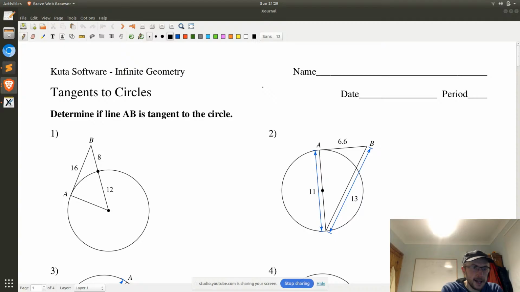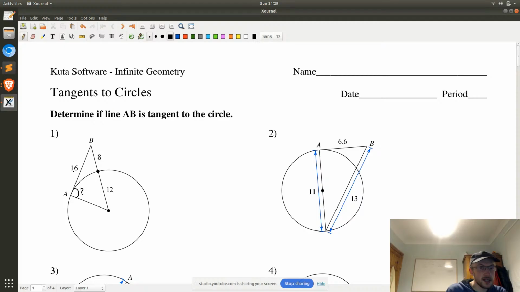Determine if line AB is tangent to the circle. So the way that we're going to do that is we're going to put a question mark here. And if it's tangent to the circle, that would be 90 degrees.